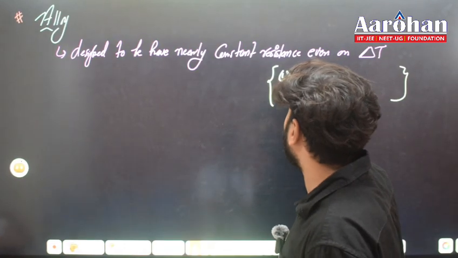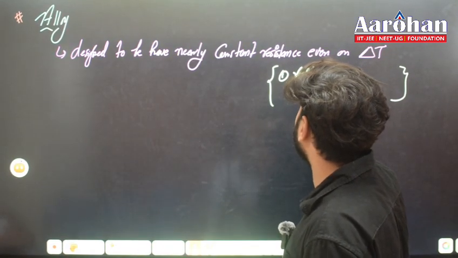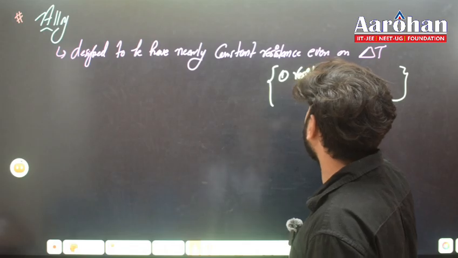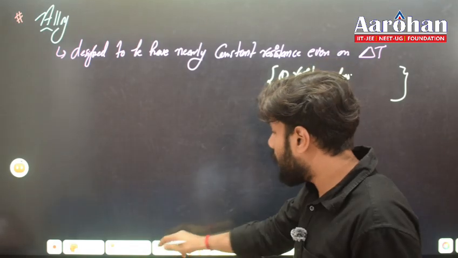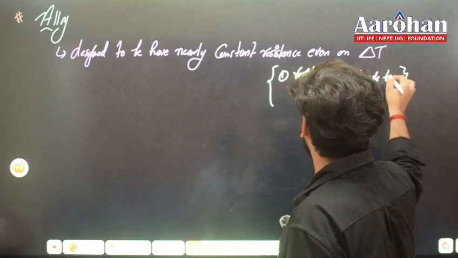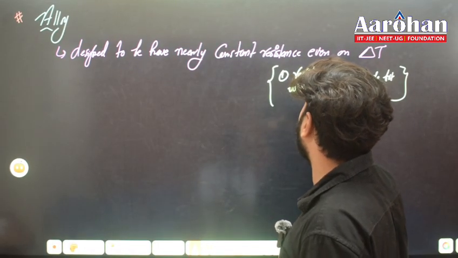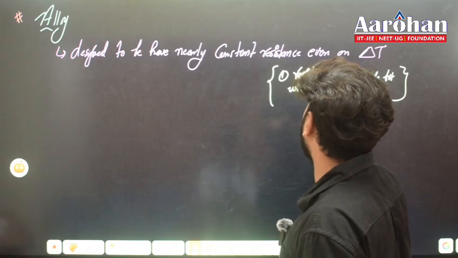So the first thing you need to remember: resistance does change, but with very small variation.